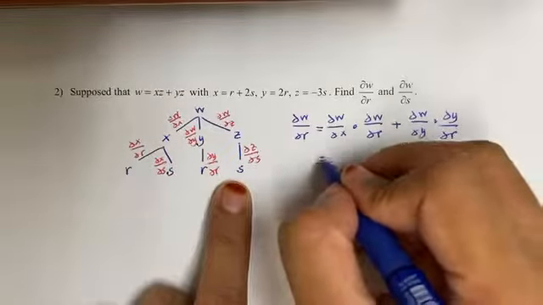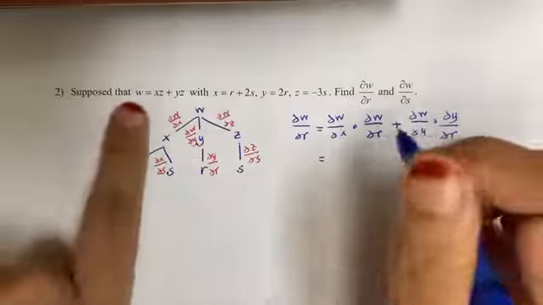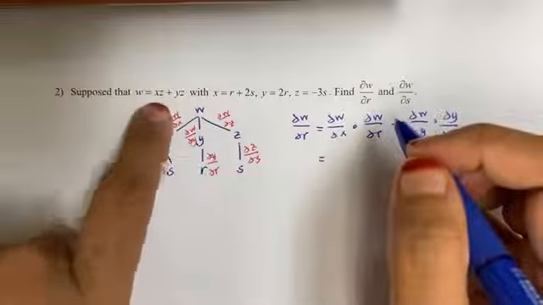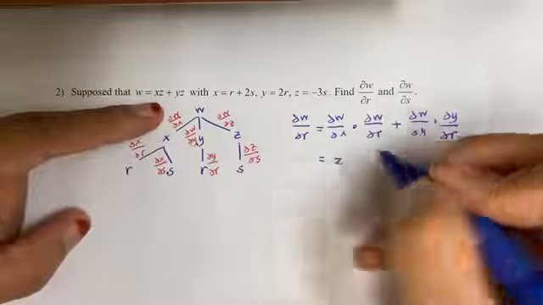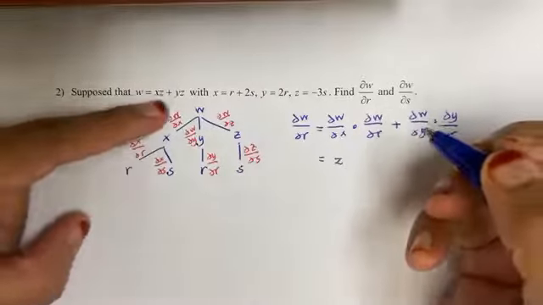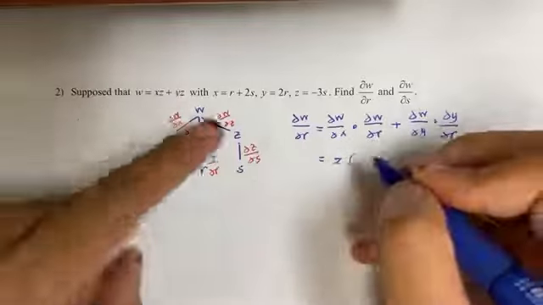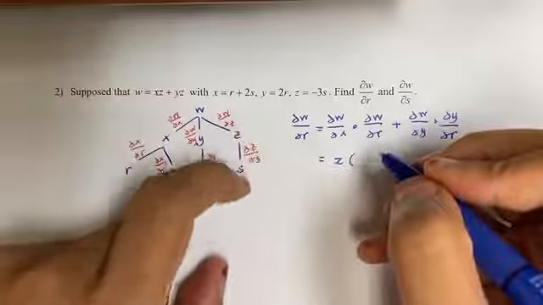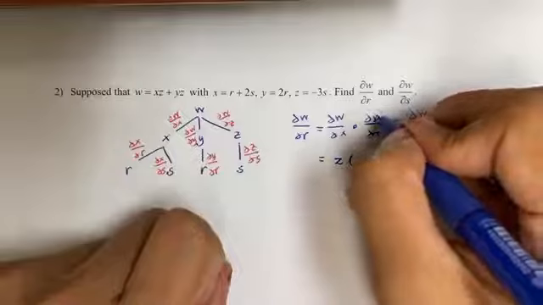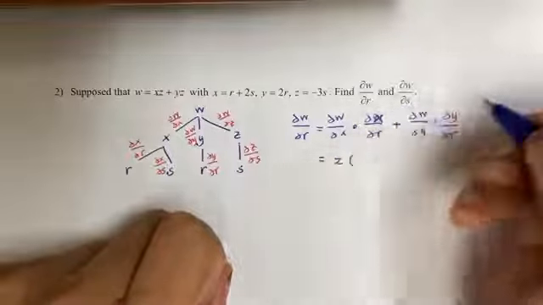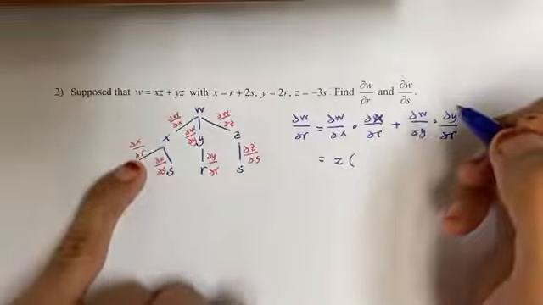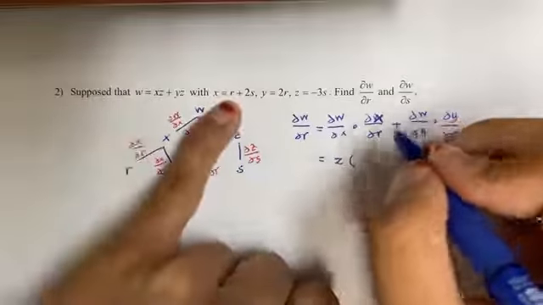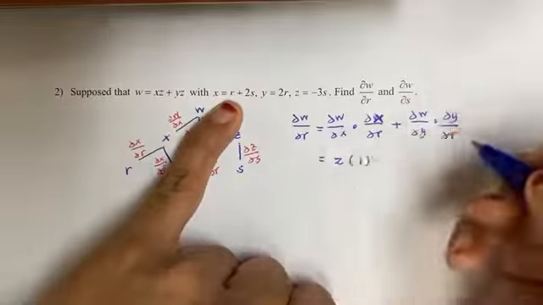So this is equal to, del w over del x with respect to x, so this is z, multiplied by del x over del r, which is equal to 1.